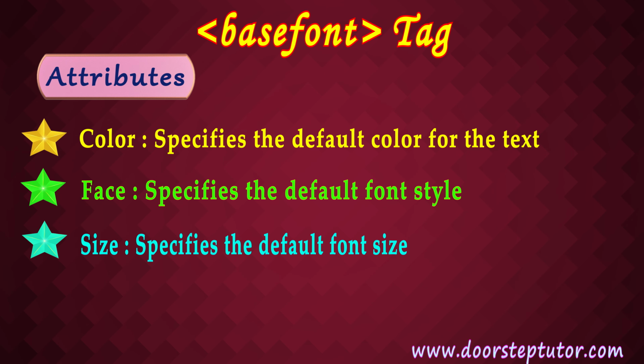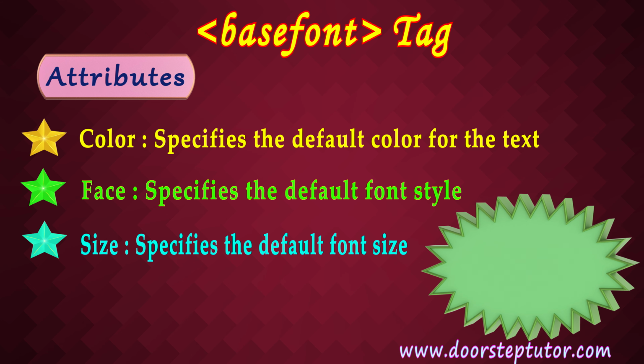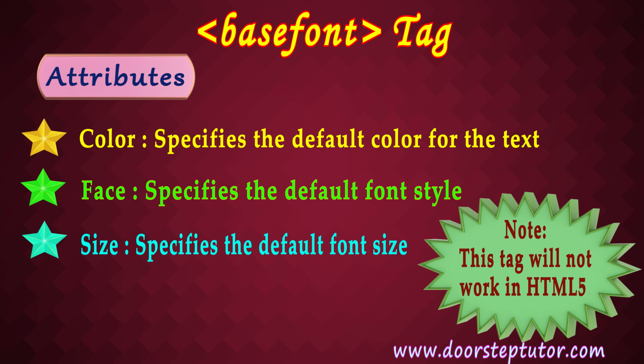In the last line, in the note, I have written that this tag will not work in HTML5. It means that some tags in HTML don't work properly in HTML5, so they will not display any formatting or output on the screen of the web page. We need to remember those things also.